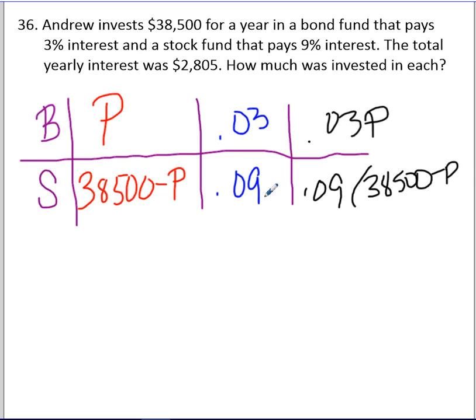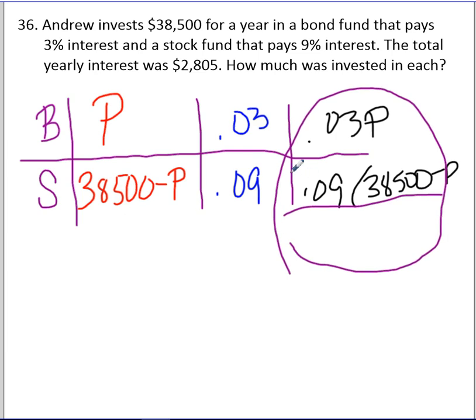And remember, we're building our equation from this column, and we're told that the sum of that, the total yearly interest, was 2805.